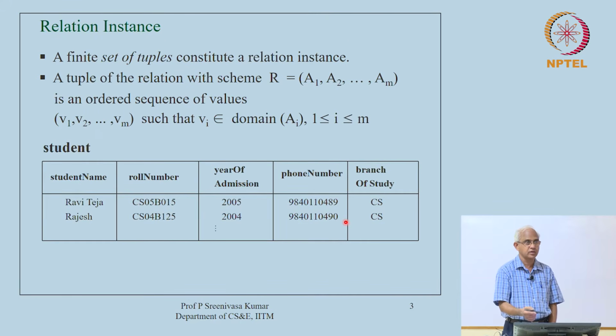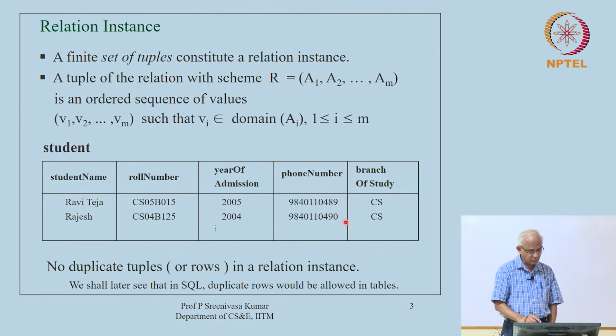So, relation scheme and relation instance. It should be obvious to you that there are no duplicate rows in a relation instance, right. Why is it that there are no duplicate tuples in a relation instance? Because it is defined as a set, not a multi-set. Set means we do not have duplicates.